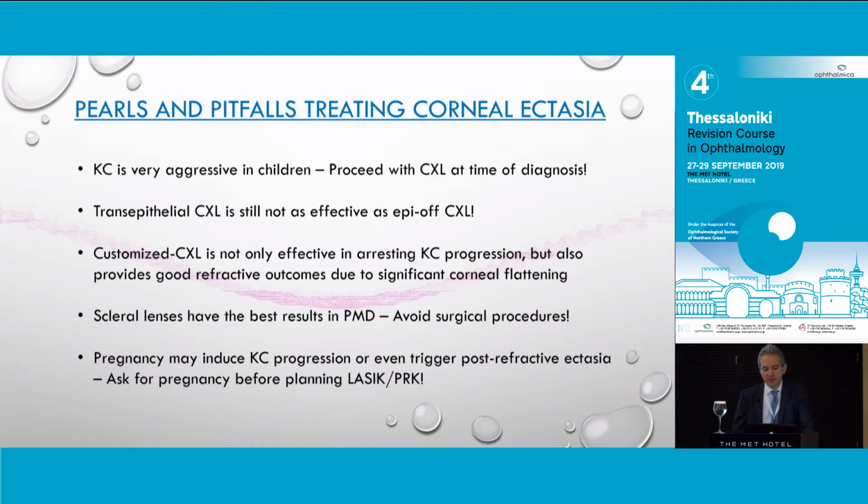Now, the new trend in cross-linking treatment is the customized cross-linking, where we provide higher intensity in the area of the cone, and more specifically in the area of the posterior elevation of the cornea. So it's a more cone-focused treatment, and it seems that it's providing much better results in terms of corneal flattening.